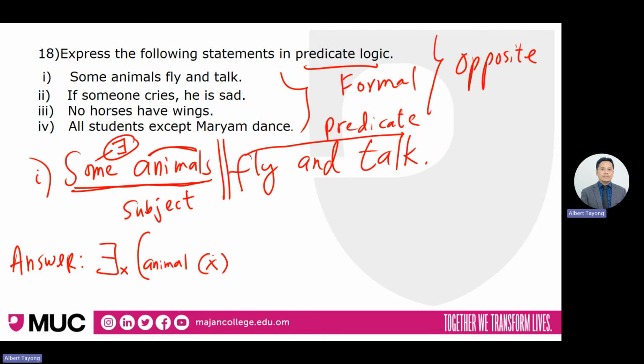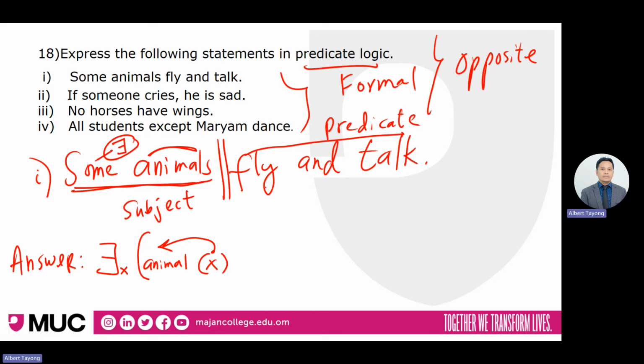For animal, open and close x. Actually, we start reading from here. So basically what we do is defining this. What is this x here? This x here could be any letter actually. It can be M, it can be N, any letter. But usually we use x.